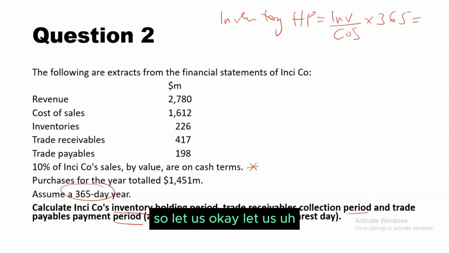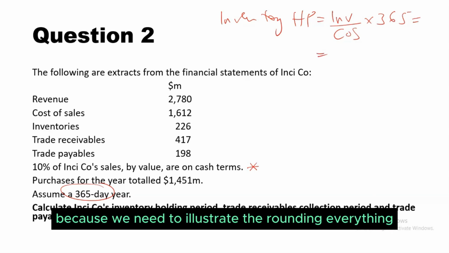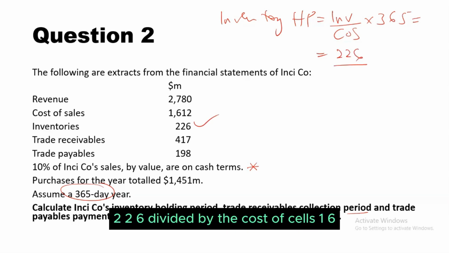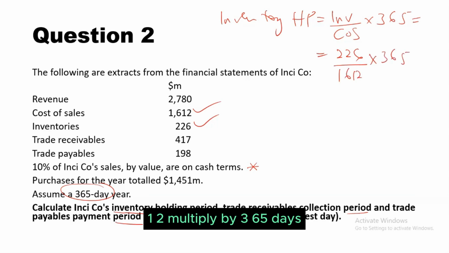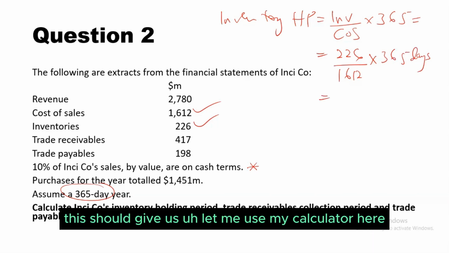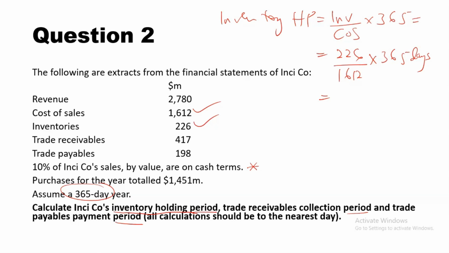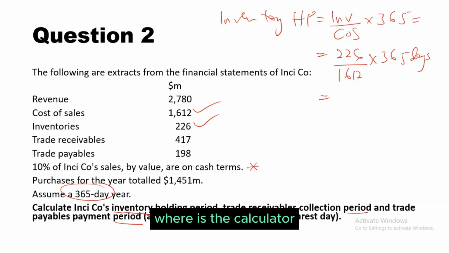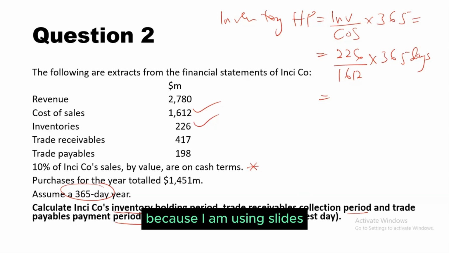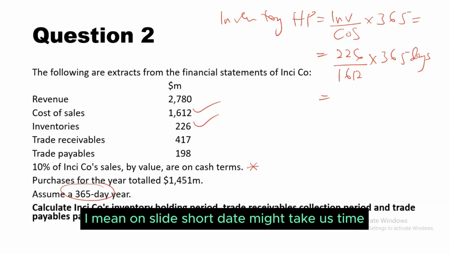All right, because we need to illustrate the rounding, everything. So the inventory was 226 divided by the cost of sales 1612 multiplied by 365 days. Okay, let me use my calculator here. Because I'm using slides, on slideshow, it might take us time.